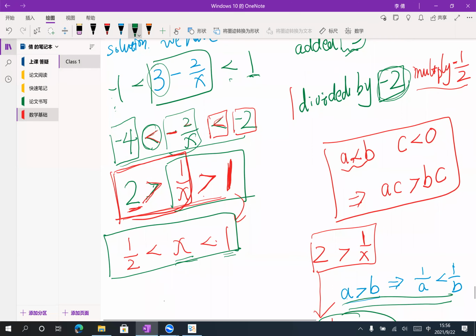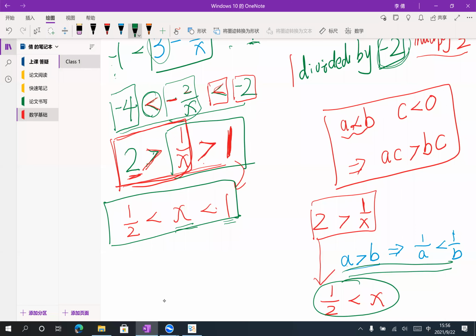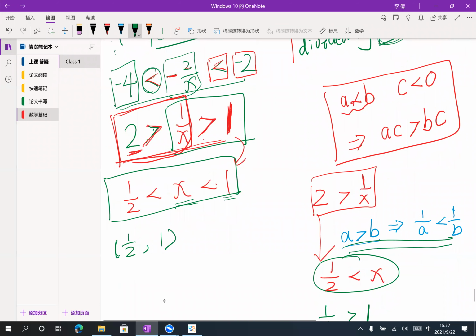Okay. And if we use intervals to write the solution of this inequality, we can get the open interval from 1 over 2 to 1, and this is the solution in interval form.